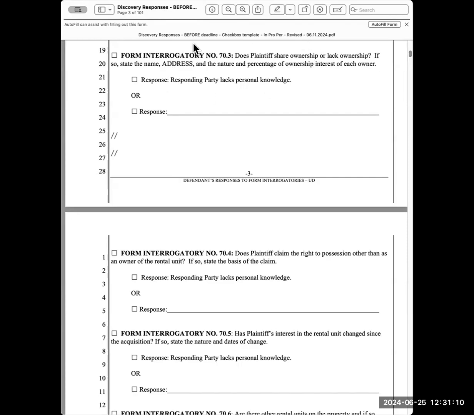Do you know the answer to this question? Don't go based on what someone may have told you. You go based on what you can actually confirm from tangible evidence. If you don't have any tangible evidence, consider this response, that you lack personal knowledge. Otherwise, if you do have factual evidence, you'll check here and you'd put in this response.